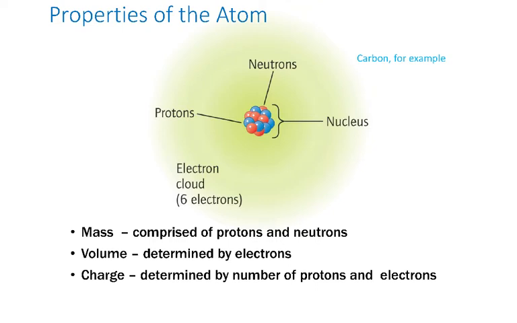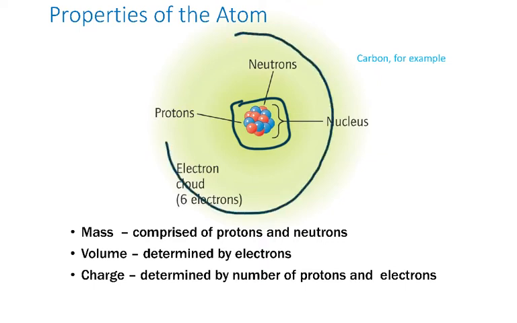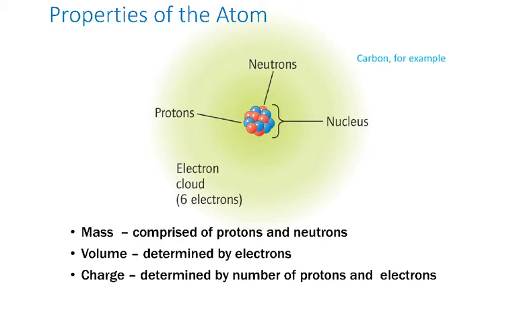I always like to point out that, of course, protons and neutrons are not blue and red, and the electron cloud is not green. Strangely, I find this same color combination on lots of different pictures of atoms. And of course, there's no color really to these parts.